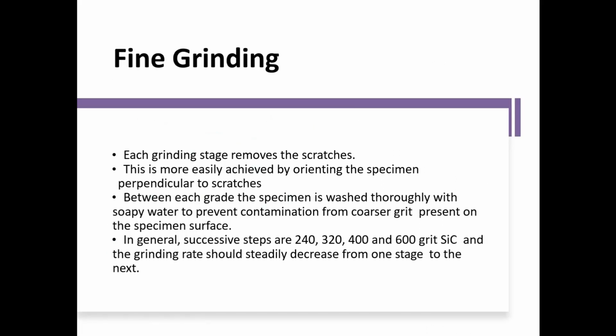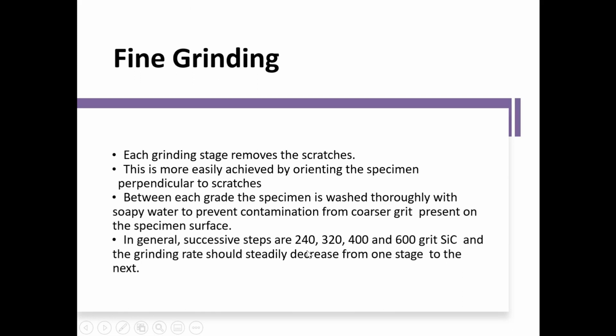In grinding, each grinding stage removes the scratches from the previous one. This is more easily achieved by orienting the specimen perpendicular to the scratches. It means if you are taking a number of steps in fine grinding, like in general 240, 320, 400 and 600 grit papers are generally used for fine grinding.